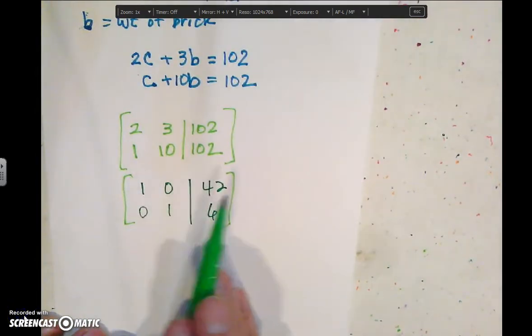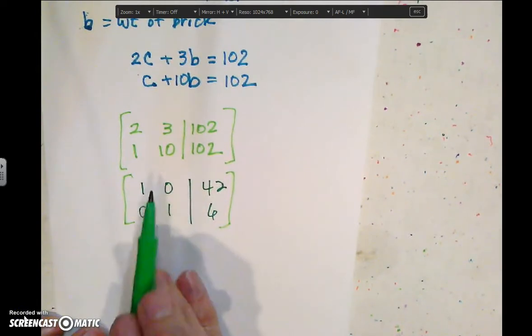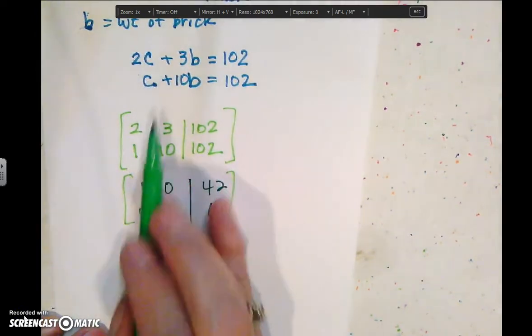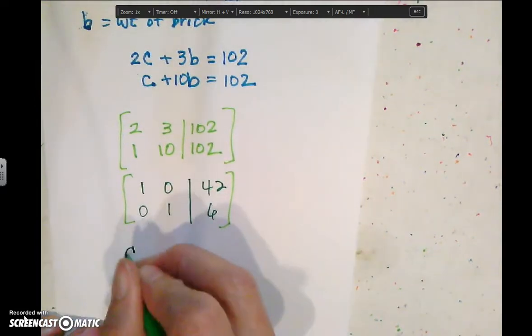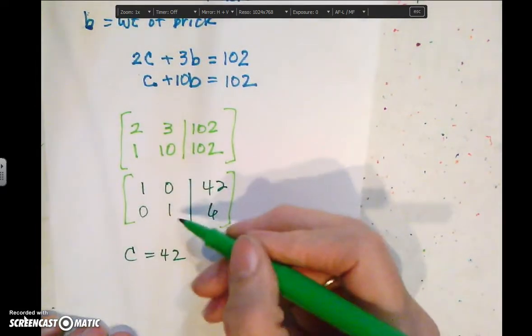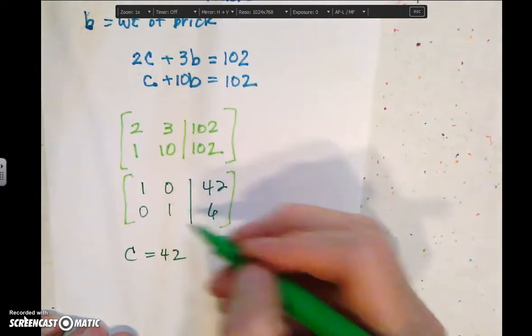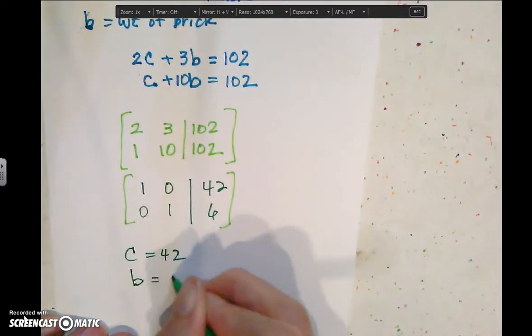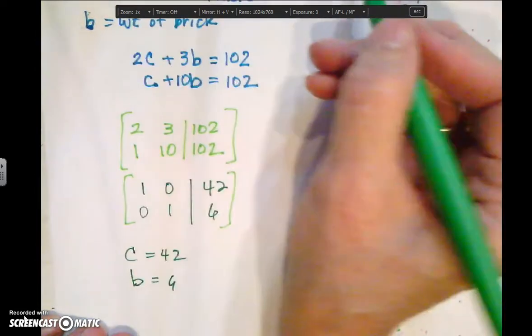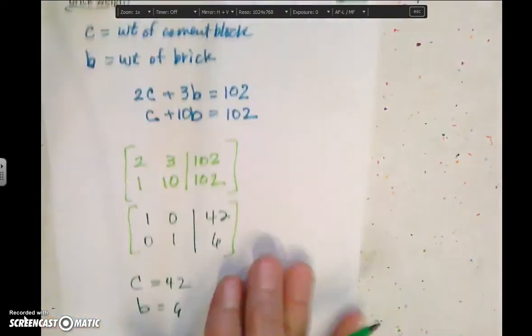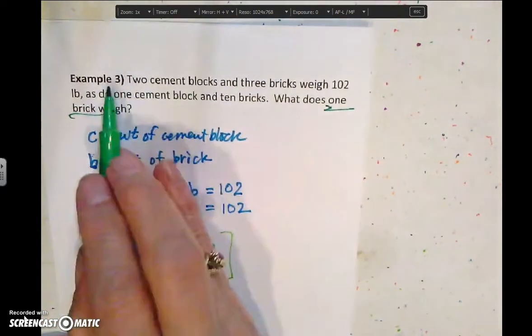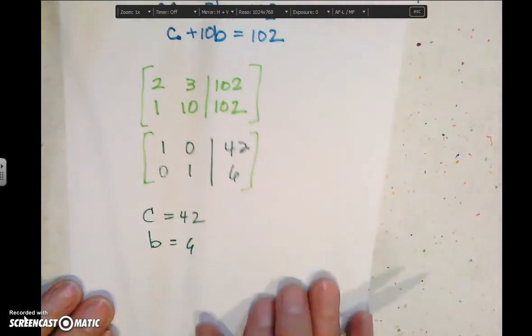And I get 1042 and 016. So that tells me that C is 42 and B is 6. So the question was, what does one brick weigh? So that's B for brick.